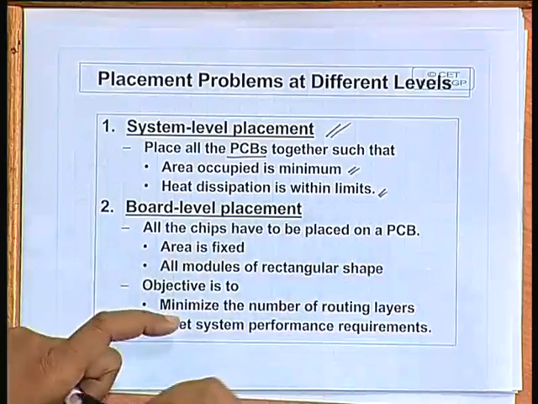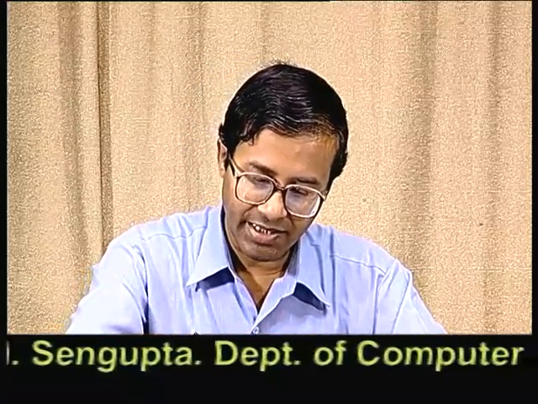So, heat dissipation should also be controlled in a suitable way, that is, how we will be spacing out PCBs; PCBs which will consume more power will have to be spaced apart or something like that. So, at the level of system we are treating PCBs as the basic modules and how to put them together, it is a very high level thing.